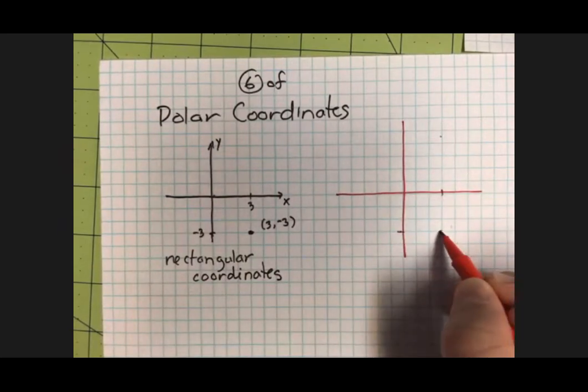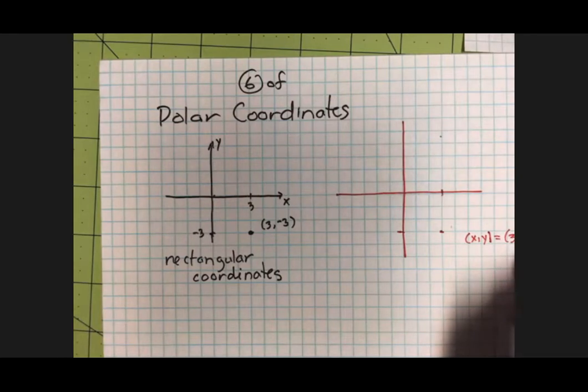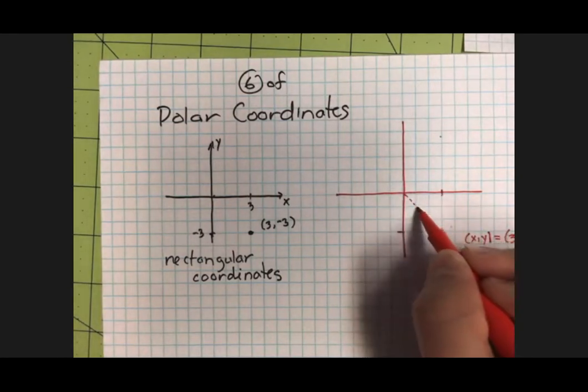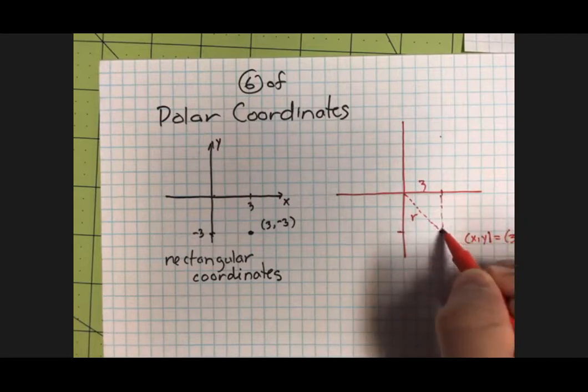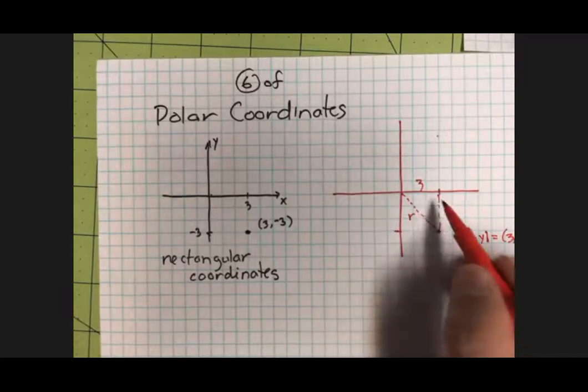Let's picture the same point, x comma y equals 3 and minus 3. But what radius would that be? If this is a 45, 45, 90 triangle, then that radius would just be leg times root 2.